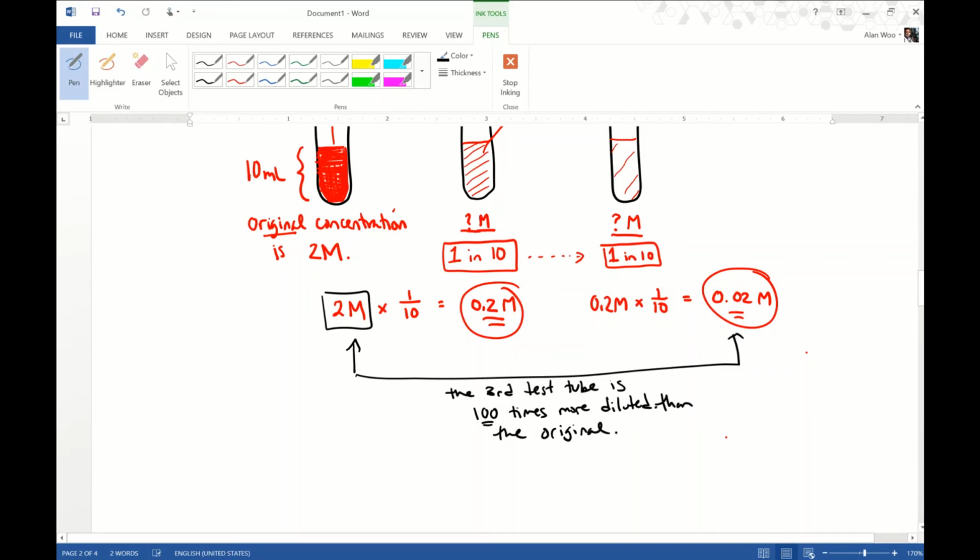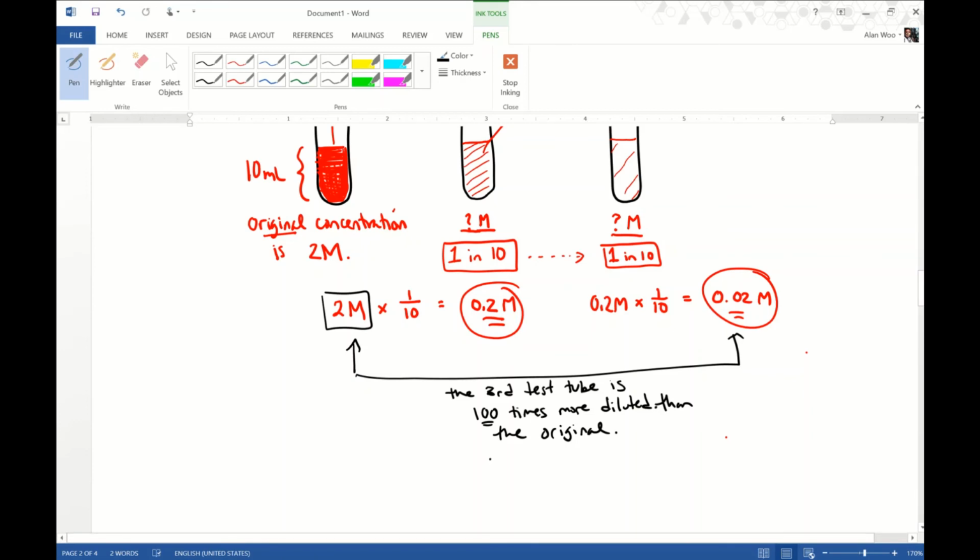The second test tube is 10 times more diluted, but the third test tube is 100 times more diluted. We were able to dilute that in just 2 steps, basically. And that's why this is a very quick process, and it's a very easy process.